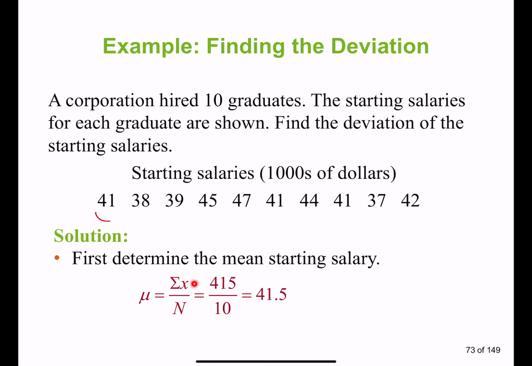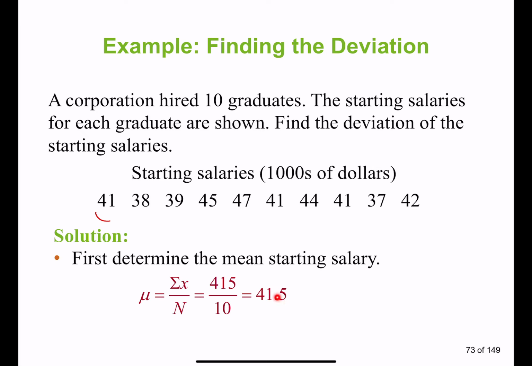The sum of x, if you add all these numbers, is 415, and adding three zeros, it is 415,000. We divide by 10 because we have 10 salaries. So we get 41.5, which means $41,500.